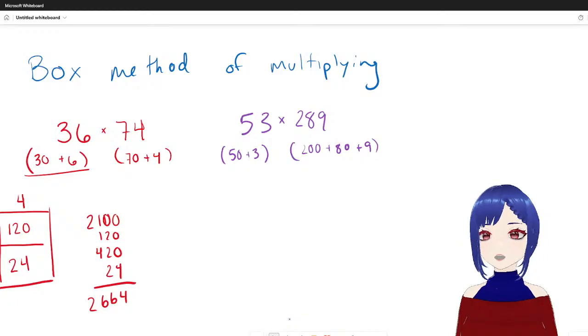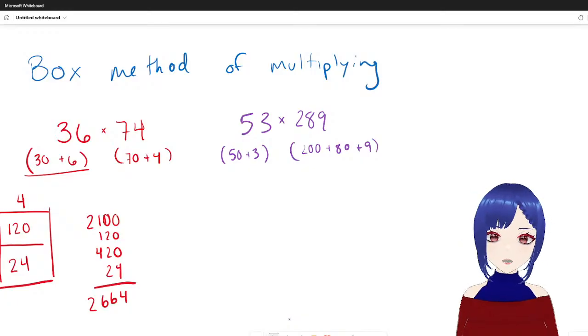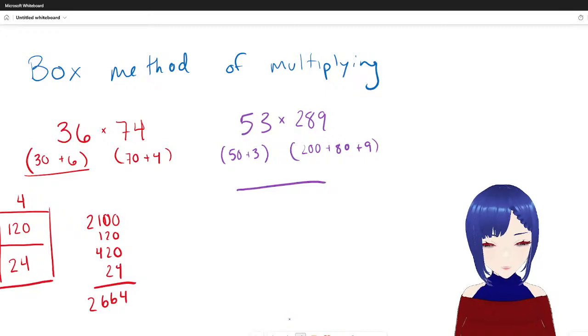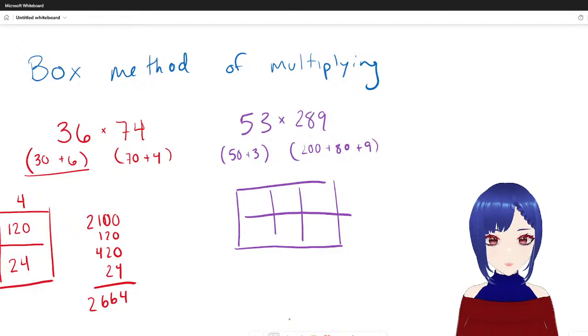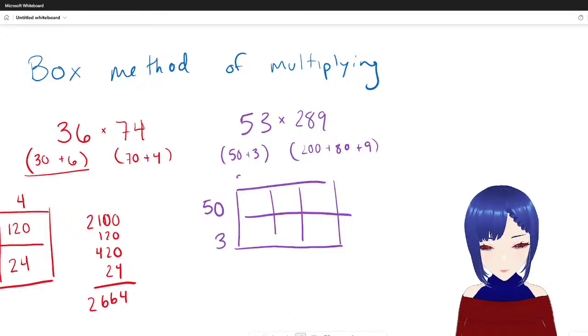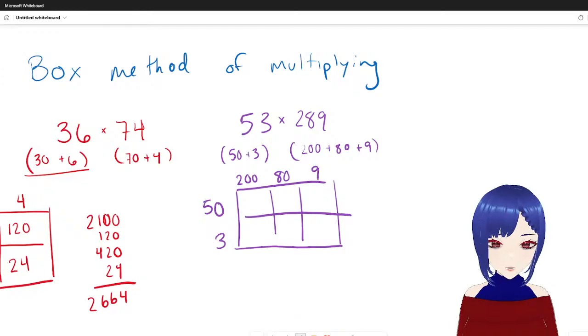And with this one, it is going to matter which one we put where in terms of the way we draw our box. So typically, like I said, the first number I usually put all along the left-hand side. So I'm going to make it 2 tall and 3 across. So we have 50 and 3, and then 289.